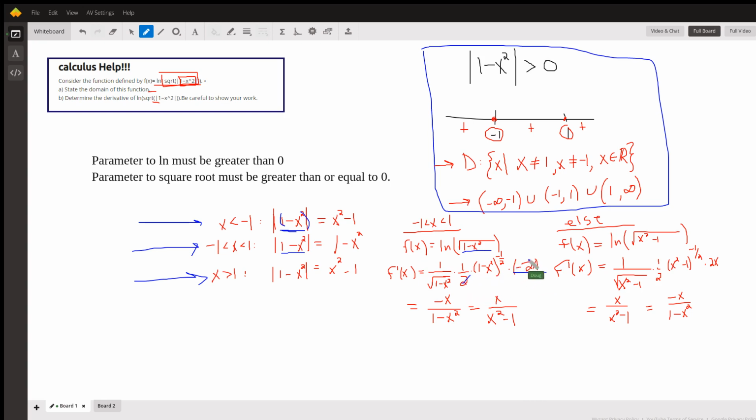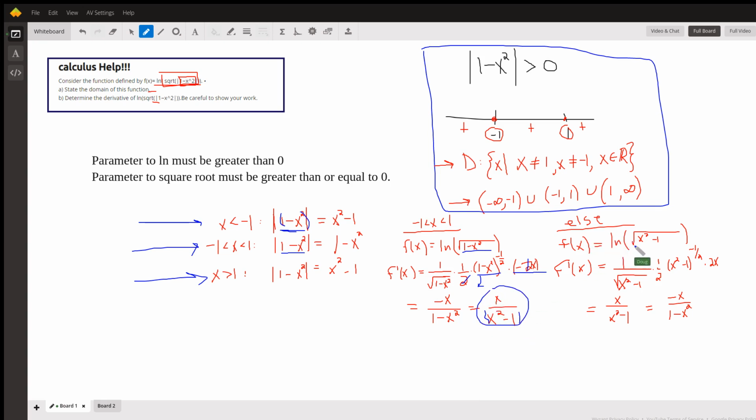The 2's cancel. Take this square root to the denominator, and we get opposite of x over 1 minus x squared. Well, if you factor out a negative from the denominator, rewrite it this way, the negatives cancel out. And so you could rewrite it this way, either one.